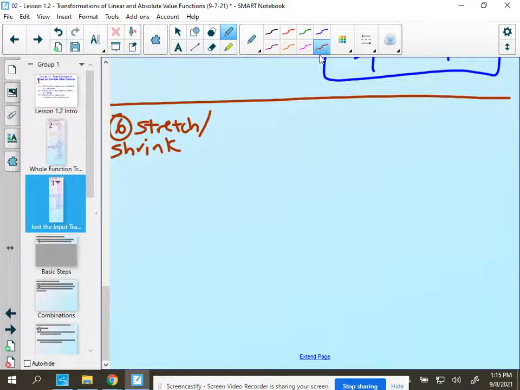I think we wrote it slightly different, so if you want to stay consistent with your notes, write it as a horizontal stretch or shrink. Okay, that's the last one. Okay, great, awesome. Horizontal stretch or shrink. How do we do it?